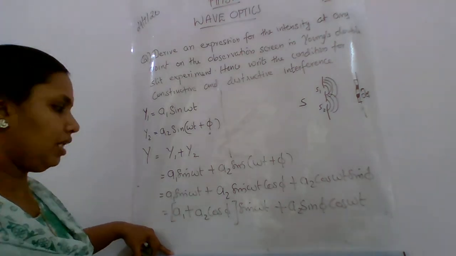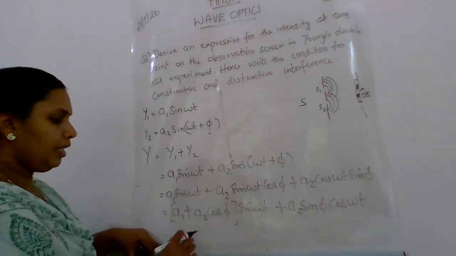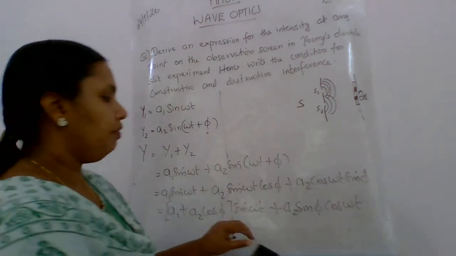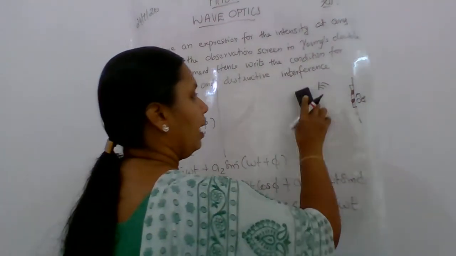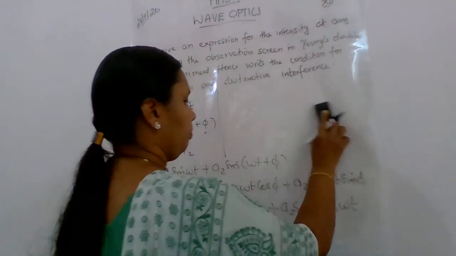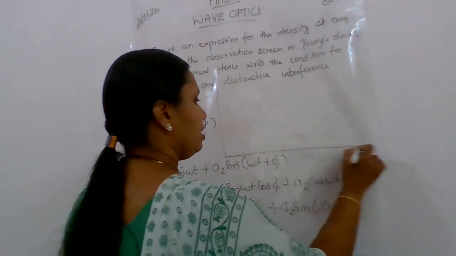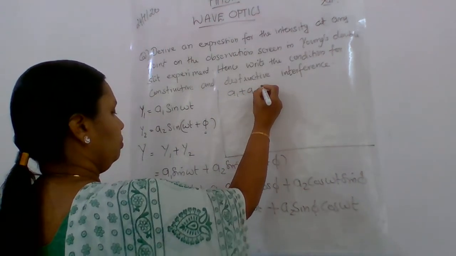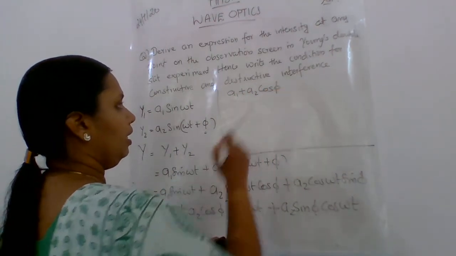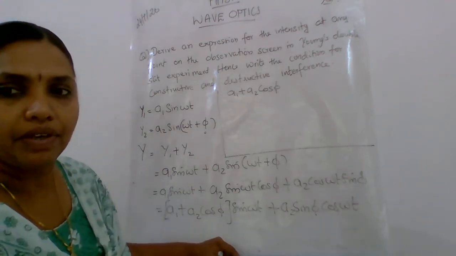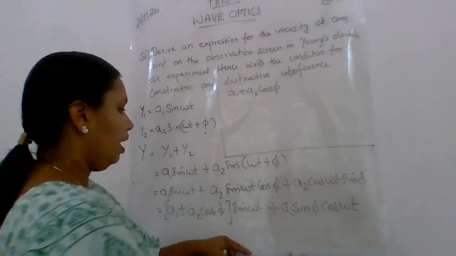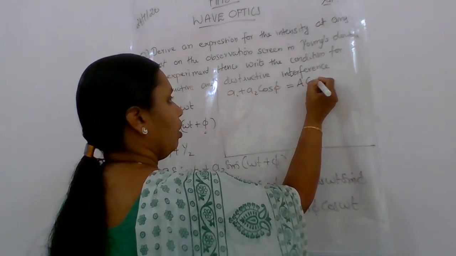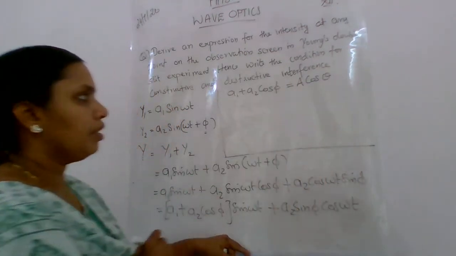These are just mathematical steps, and here we are doing a substitution. Instead of (a1 plus a2 cos phi), I am writing A cos theta.